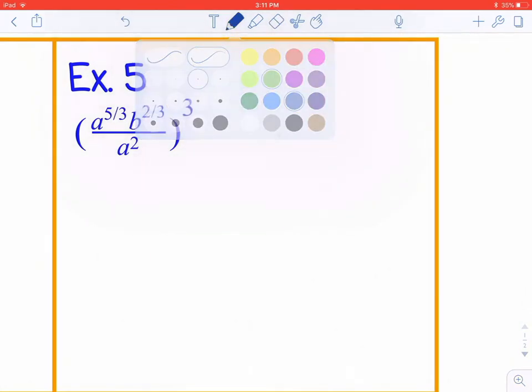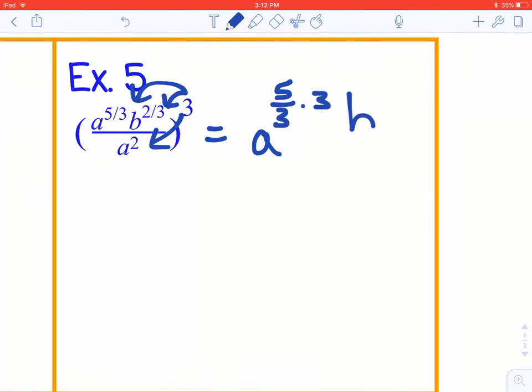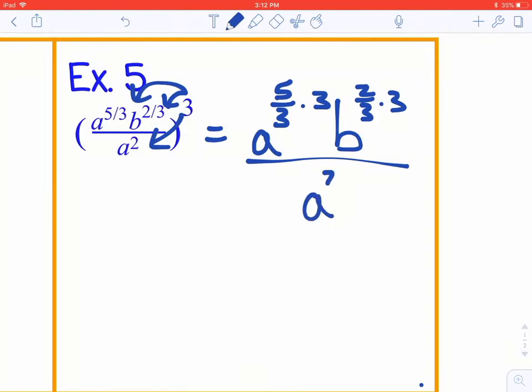This one has 3 different variables, but 2 are the same, so we'll deal with that in a minute. Let's first just distribute this power of 3 to all 3 parts. So we have a to the 5/3 times 3, b to the 2/3 times 3, and then on the bottom we have a to the 2 times 3.